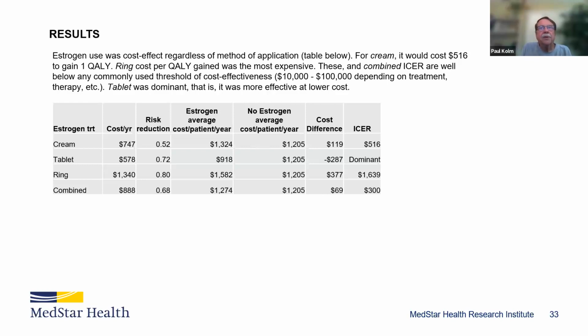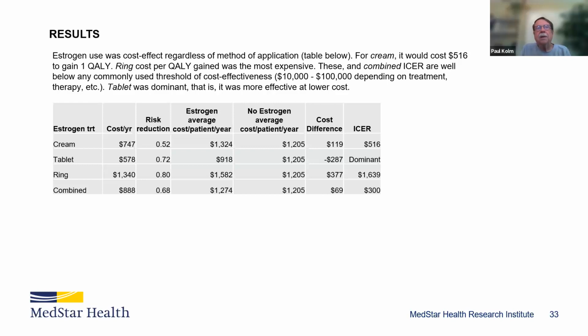The cost difference, and then the ICER is calculated by the difference in cost divided by the difference in the quality adjusted life years. And so you can see that we get different ICERs here. None of these are anywhere near the $50,000 mark.